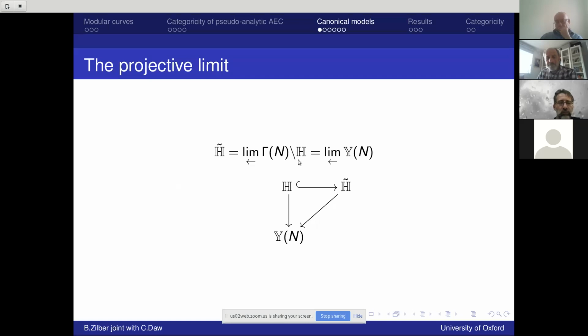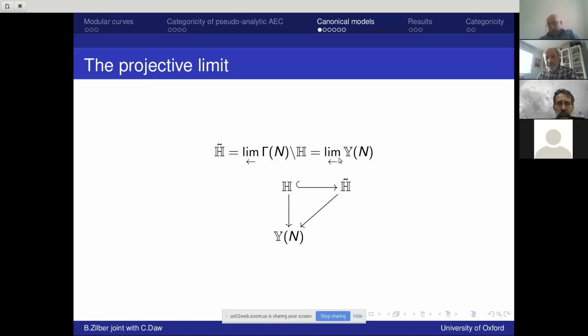understand this homogenized version of this cover. Homogenized in what way? Well, of course, we can approach this H by taking a higher and higher level of these modular curves.